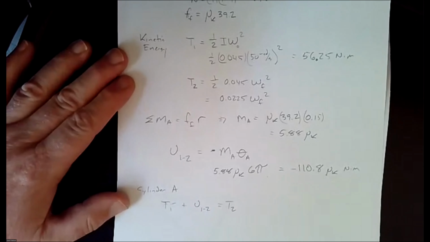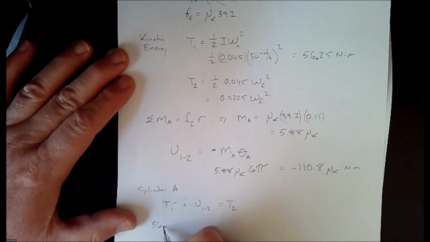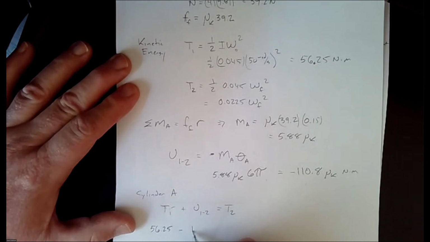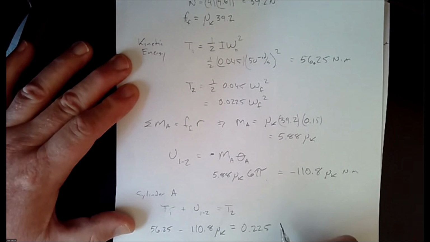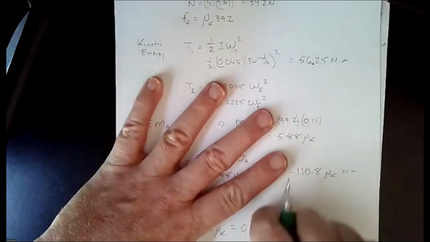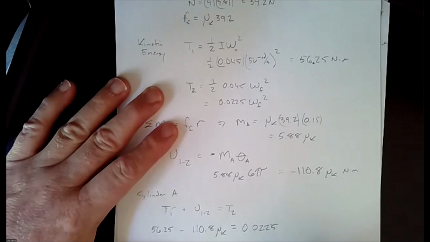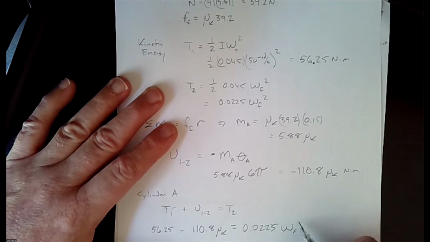And so our overall equation then is 56.25 and then minus 110.8 mu k, and that equals 0.0225. Actually, there's a 0 in there. Omega final squared.